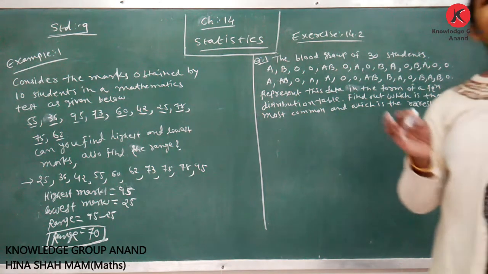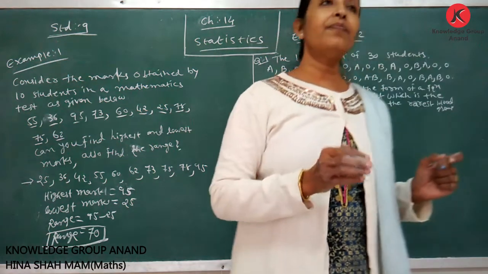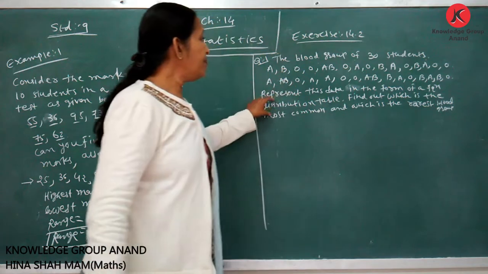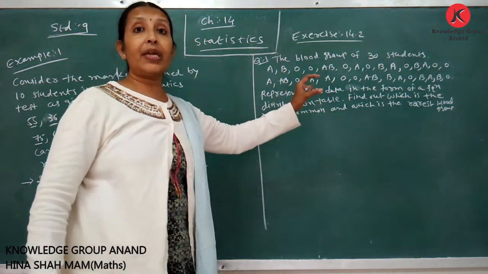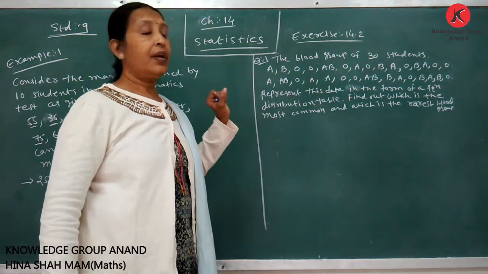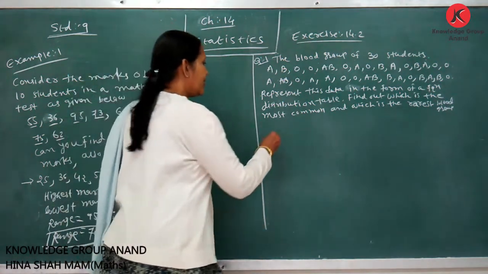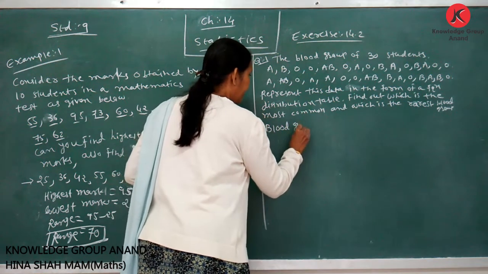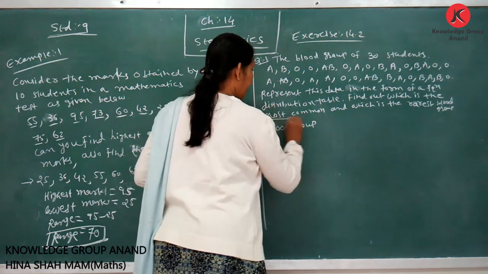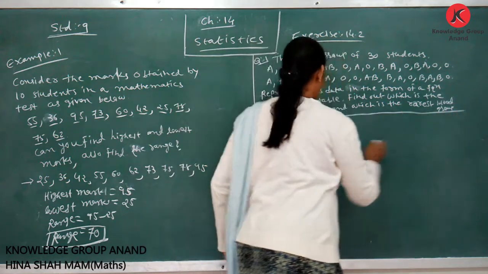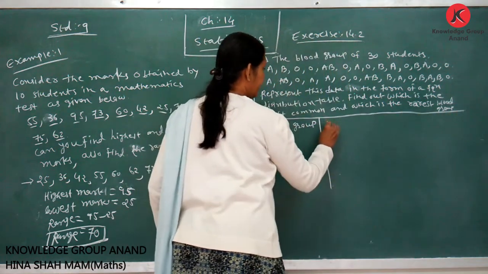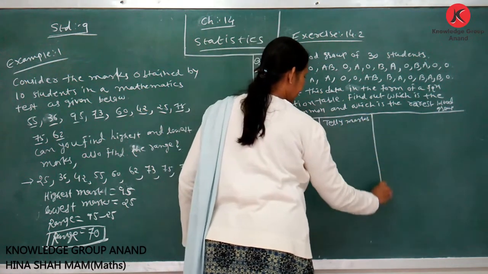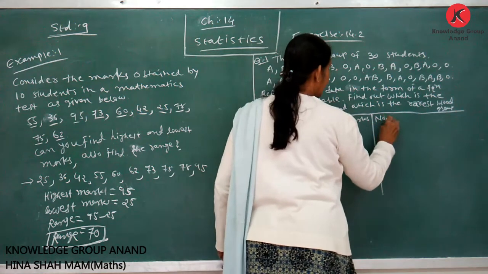Here we have been given blood group data of 30 students, and we represent it in a frequency distribution table. First we write here blood group. We prepare the frequency distribution table with blood group, tally marks, and number of frequency.